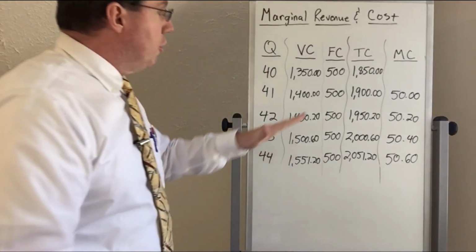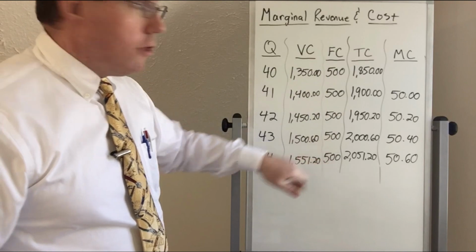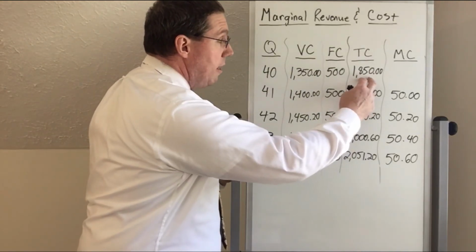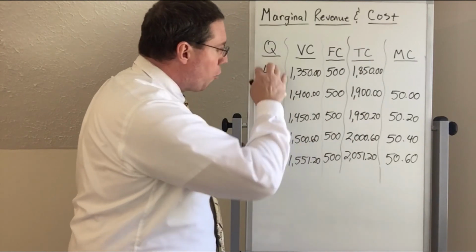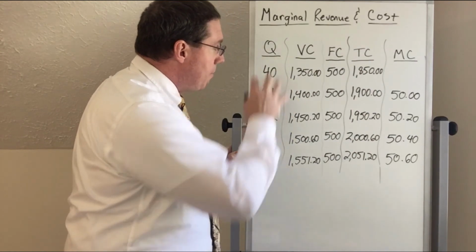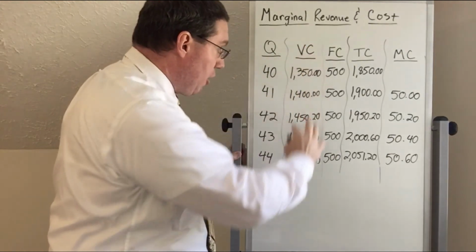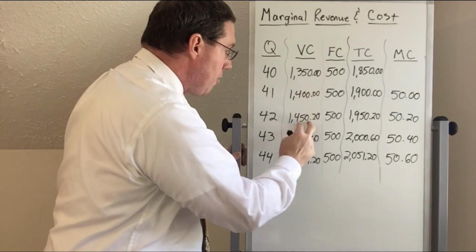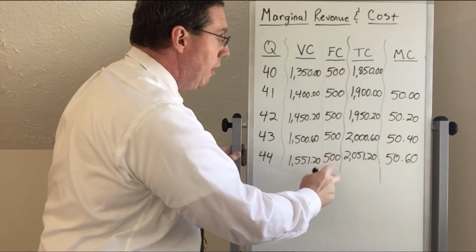I want you to notice, let's remember that fixed cost is not changing at all. So total cost is increasing. Why is total cost increasing? Because we're producing more. And when we change our quantity, doesn't that change our variable cost? So our variable cost is going up. Fixed cost is not changing at all.